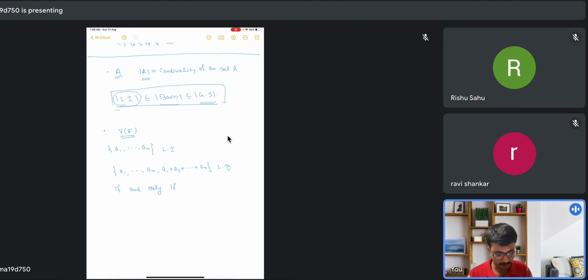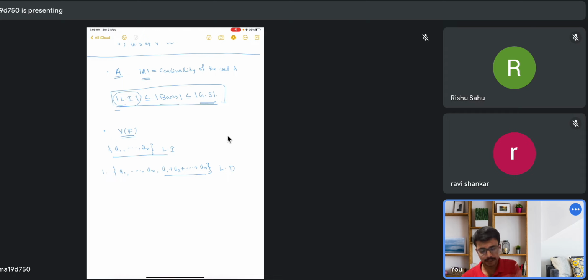At first I am telling about this one. Given that this is a linearly independent set, and consider this set where we are adding one extra element, this is your linearly dependent set.